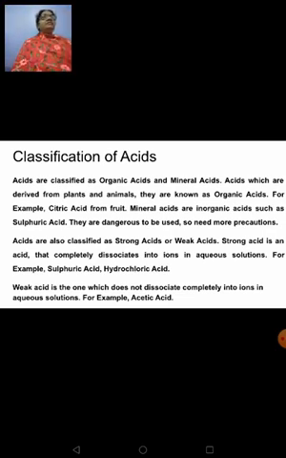Similarly, mineral acids or inorganic acids are mainly used in the laboratories, like hydrochloric acid and sulfuric acid. They are termed to be strong acids. When you are handling them, you have to be highly cautious. You have to follow so many precautions when you are handling these strong acids in the lab.